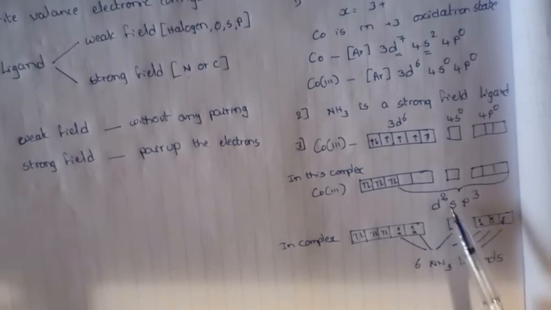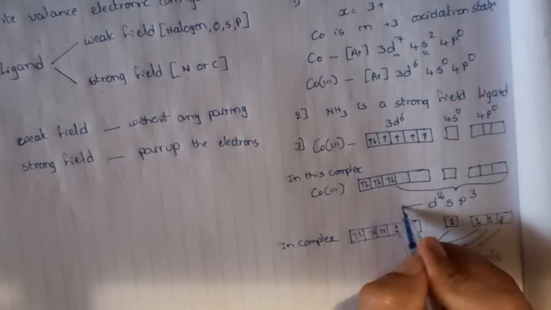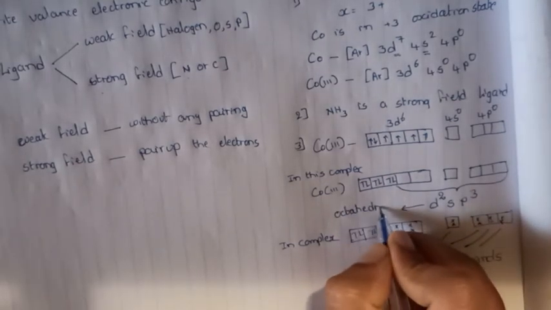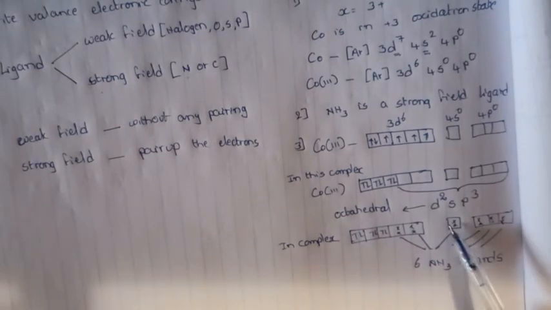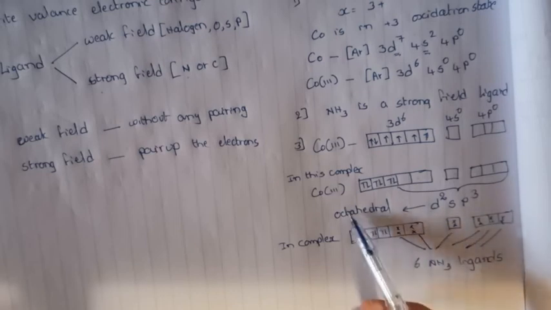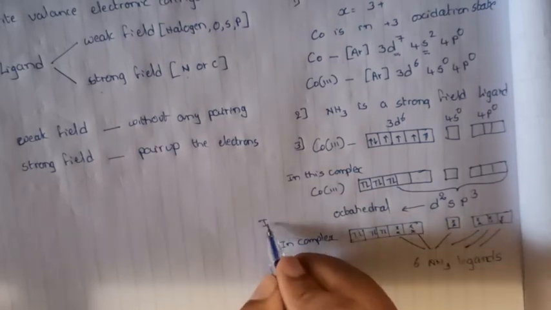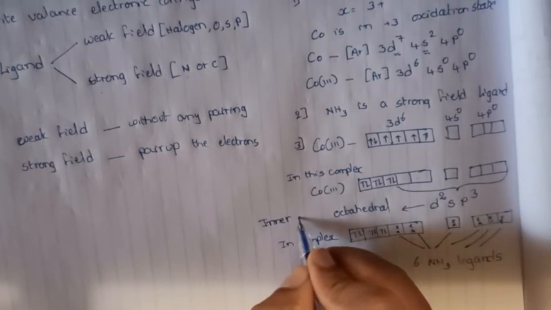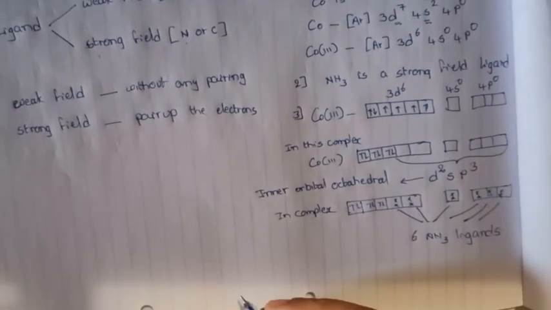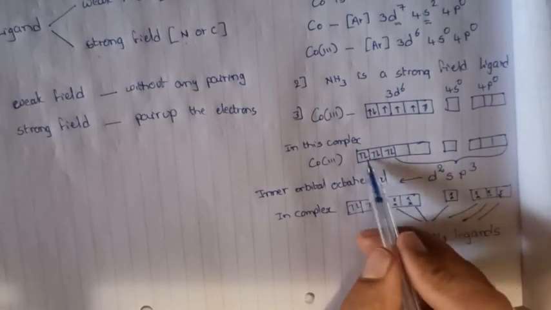Now what conclusions can we give based on this theory? It is undergoing d2sp3 hybridization, meaning the shape of the complex is octahedral. Moreover, here the d orbital is inner d, meaning 3d, not 4d. So you can say it is an inner orbital octahedral complex. Because of the strong field, all the electrons are undergoing pairing.